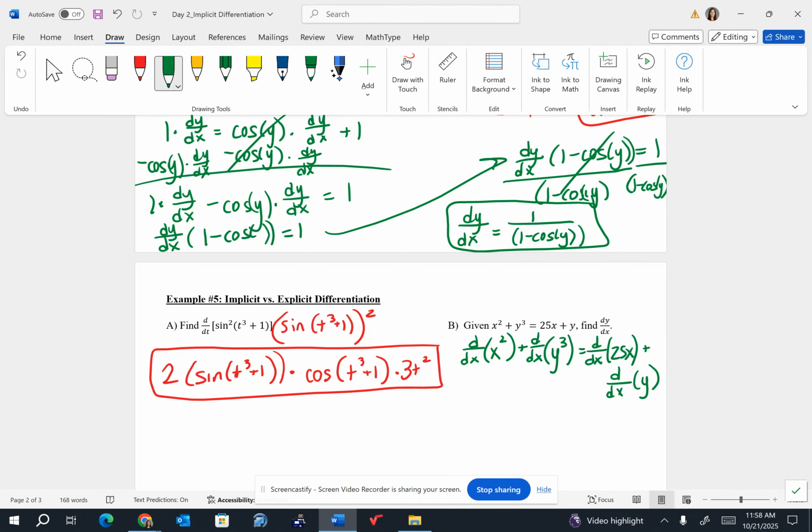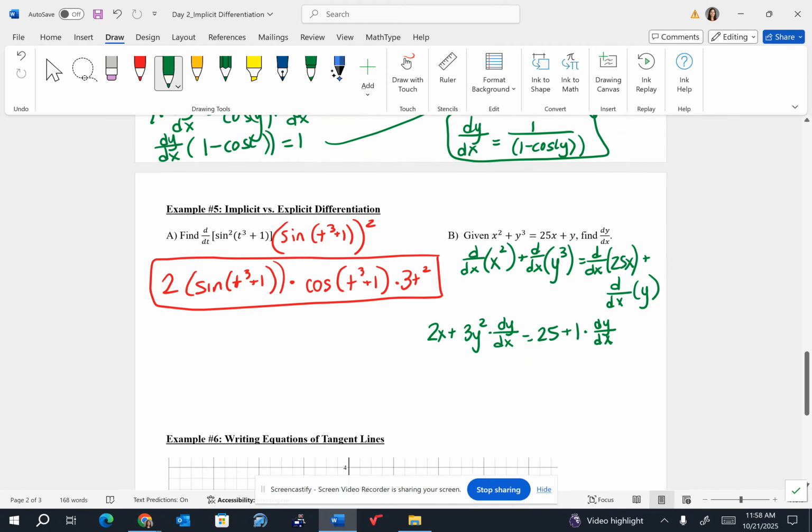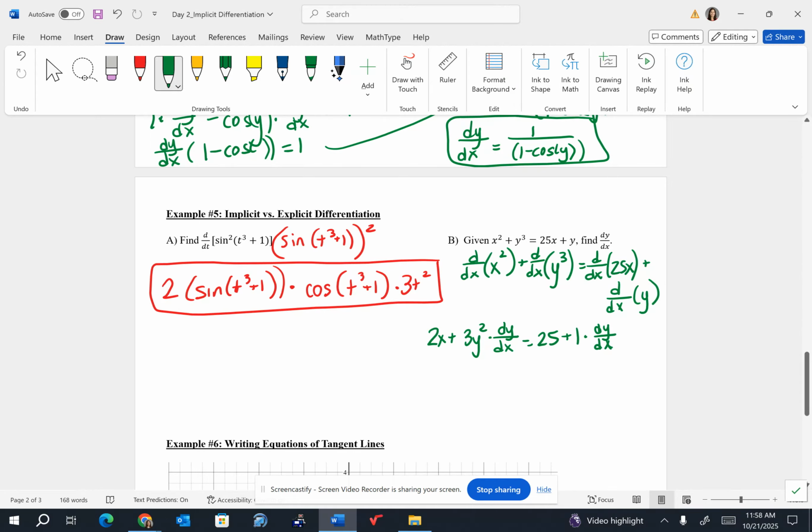So the derivative of x squared is just 2x. The derivative of y cubed is 3y squared, but there's a variable mismatch, so we need dy/dx. The derivative of 25x is just 25. And then the derivative of y is just 1, but there's a variable mismatch, so we need dy/dx. At this point, just like the last problem that we did, I want to get all the dy/dx's over to the same side.